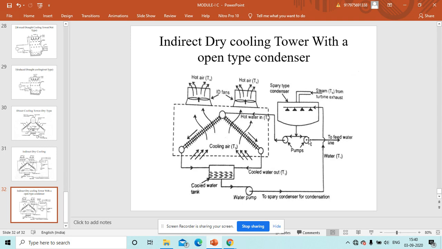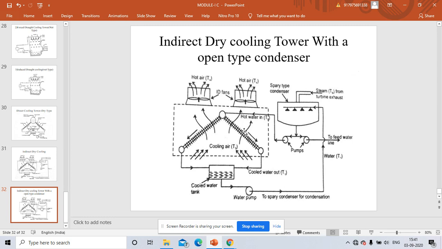Part of the water will be fed to the boiler, and the other part, the hot water, is taken to the cooling tower. In this system, the cooling tower has two condenser tubes with fins for maximum heat transfer.